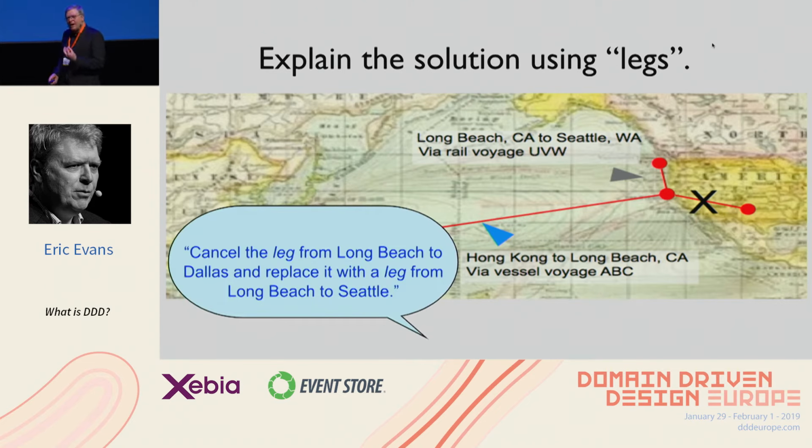Now, the way that I'm trying to explain the problem might lead us to think that the leg model might be helpful for this problem. Because it's so natural to talk about canceling a leg from Long Beach to Dallas and replacing it with a leg from Long Beach to Seattle.